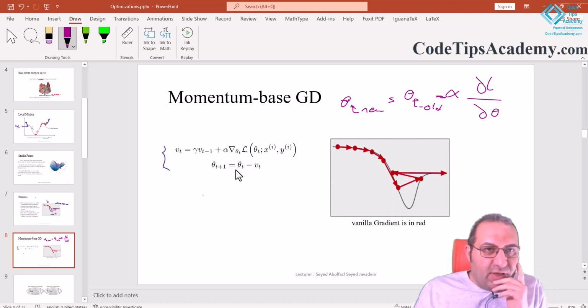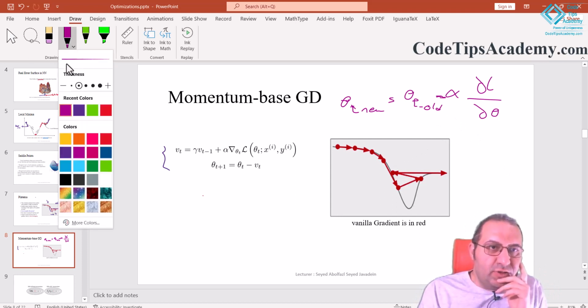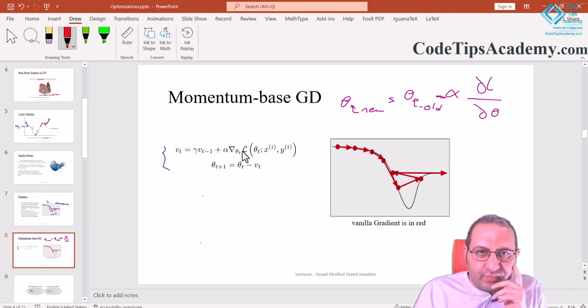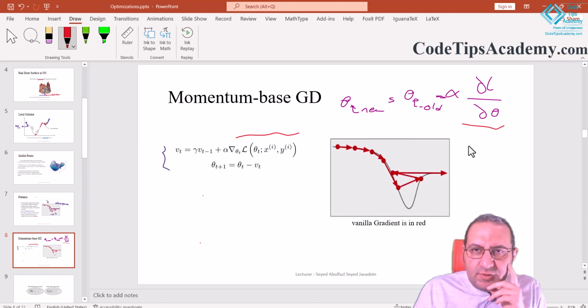But as you can see here, we use a term called momentum. This part and this part are the same as the standard formula, but another term is added here.